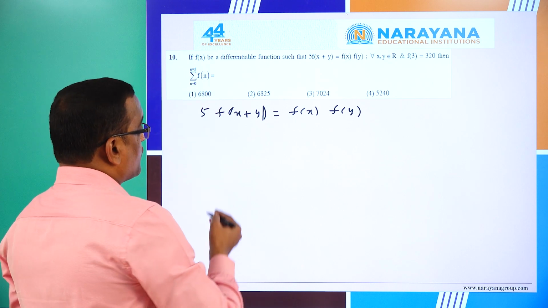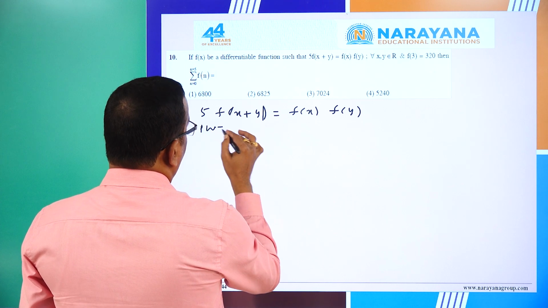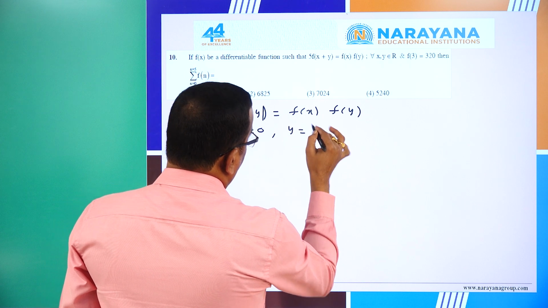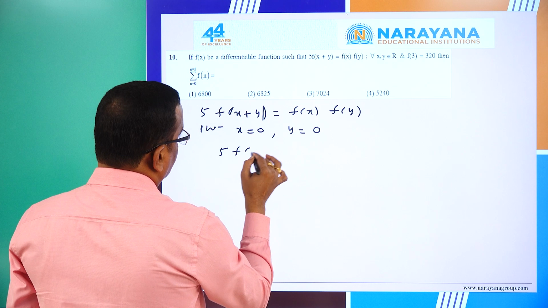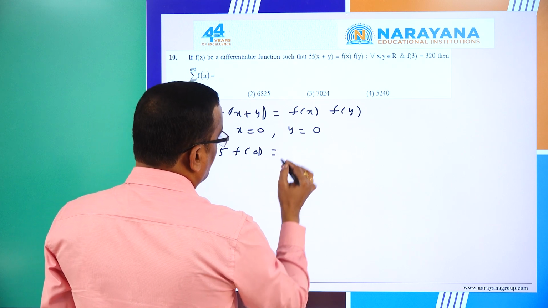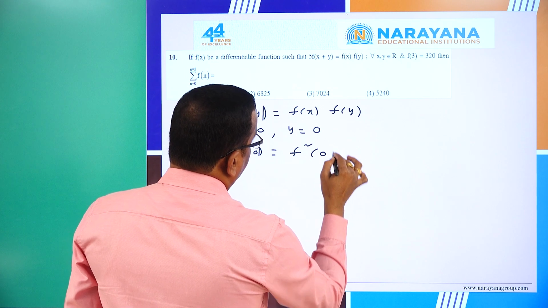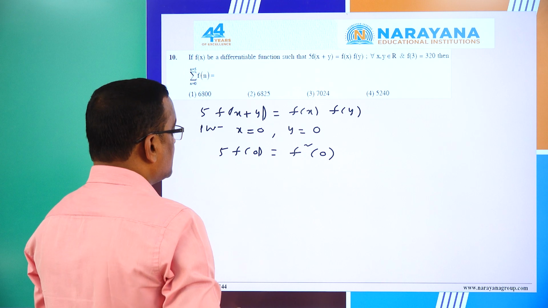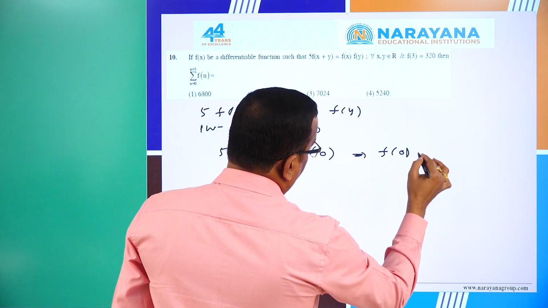To get f of 0, put x and y both 0 in this one. Then we have 5 into f of 0 is equal to f of 0 into f of 0, f square 0. So from this we get f of 0 is 5.